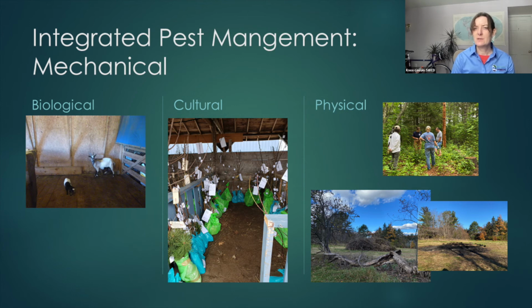Next is physical, which is probably the most common and will be integrated with chemical controls. That is cutting with the use of loppers, pruners, and saws, pulling with weed wrenches, or digging with spades and shovels. Of course, what do you do with all of that biomass once you've cut and pulled and piled up, especially anything with flowers and fruits or exposed roots that could attach and spread somewhere else?